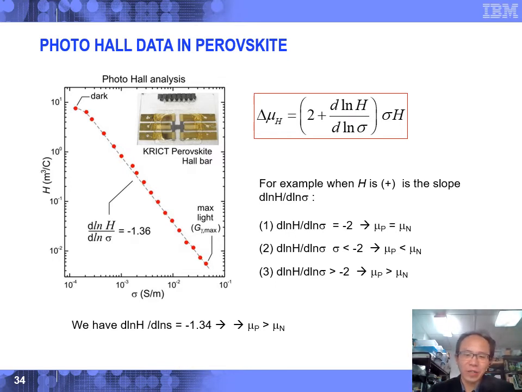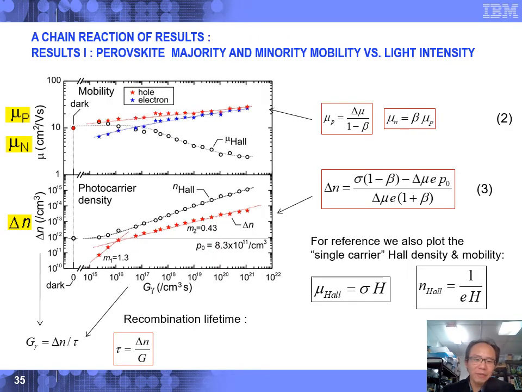And therefore, if the slope is less or larger than -2, you could conclude a similar situation, whether the hole mobility is larger or less than the electron mobility, as shown over here. So the new formula allows us a very quick interpretation of the photo Hall data that we have. And then given the information of delta mu, as I mentioned earlier, we could solve for the individual hole and electron mobility as plotted here.